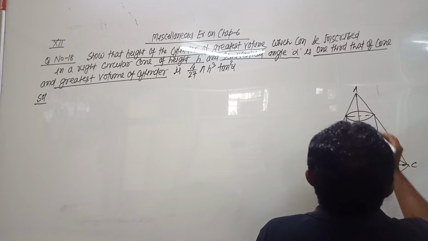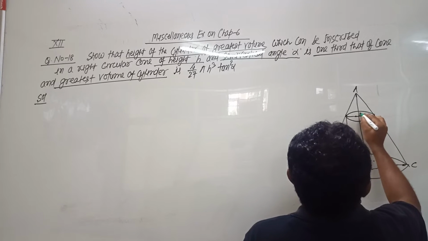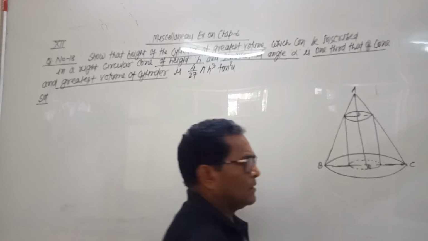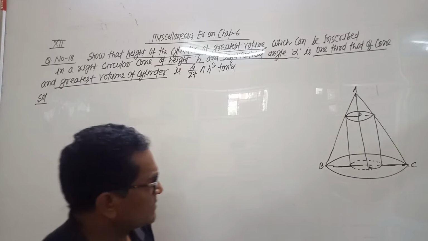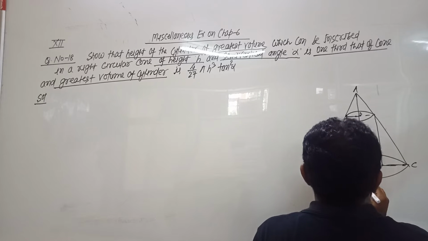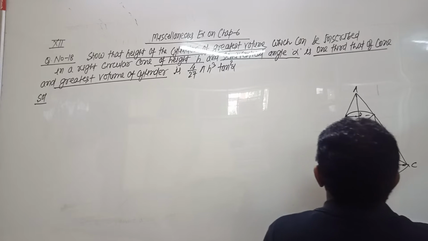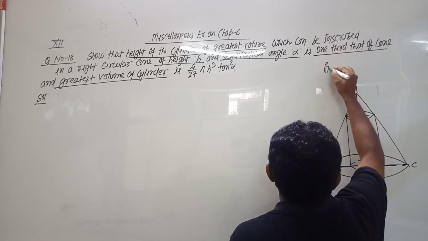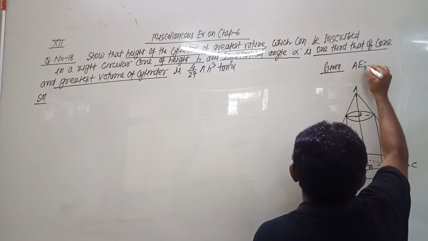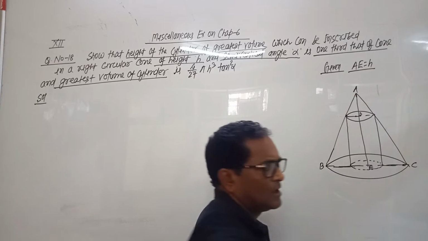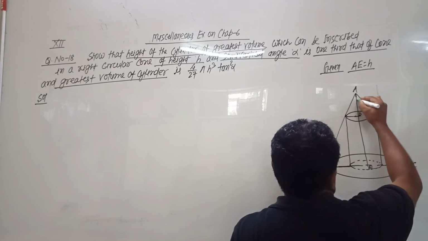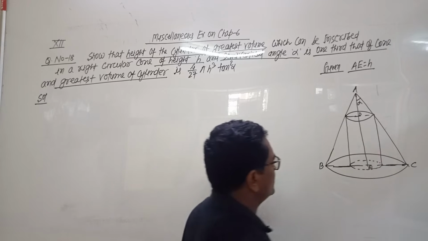Name the points A, B, C, and this point is E. The height of the cone AE is given as h, and the semi-vertical angle is alpha.